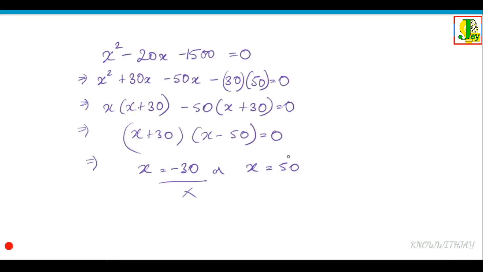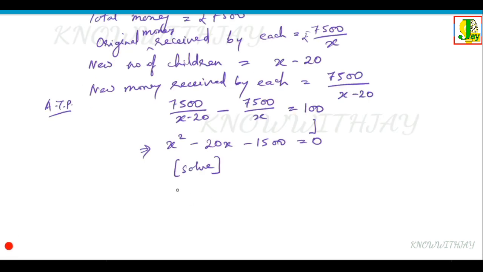This is how we solve it. Here we get x equals minus 30 or x equals 50. So what is x? x is the number of children, the original number of children, which cannot be negative.